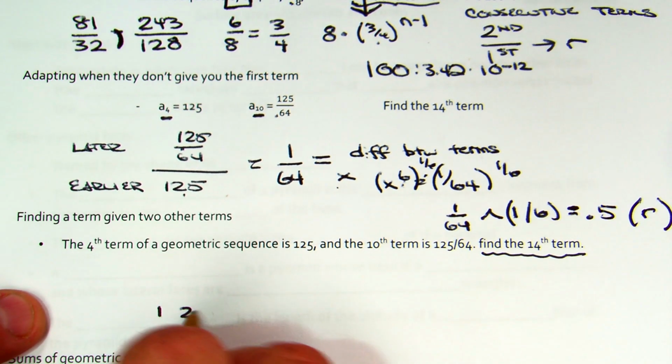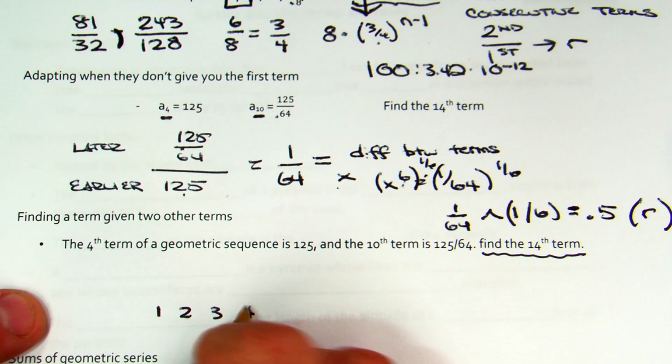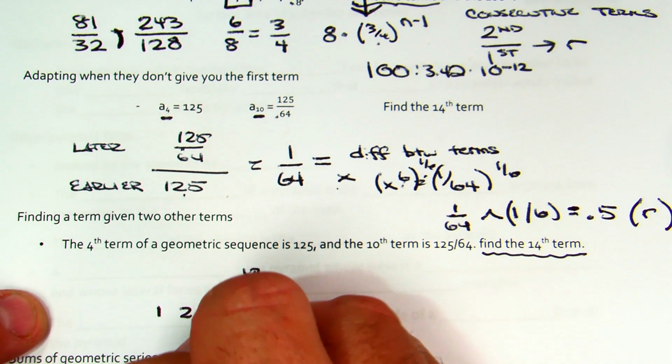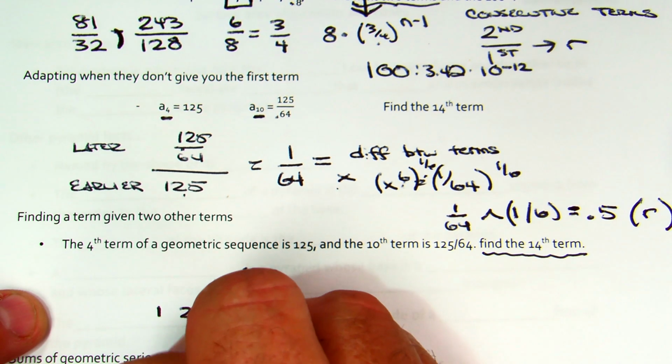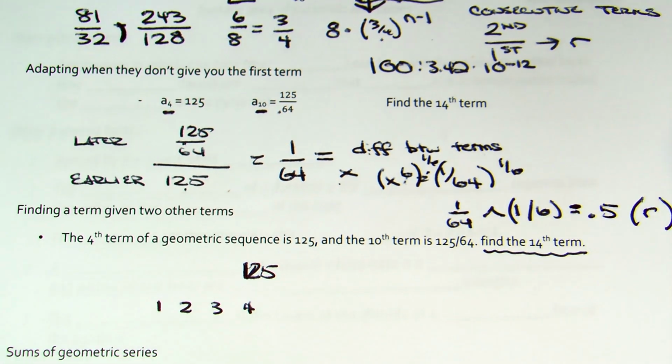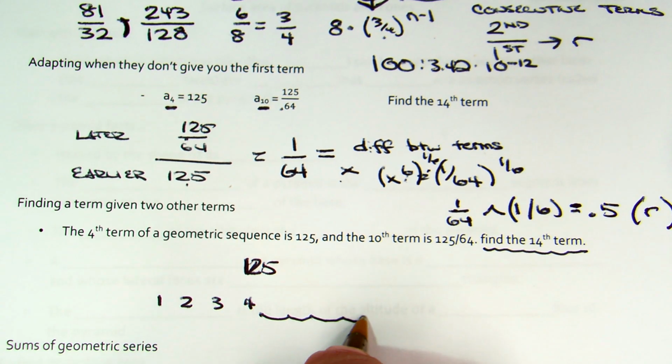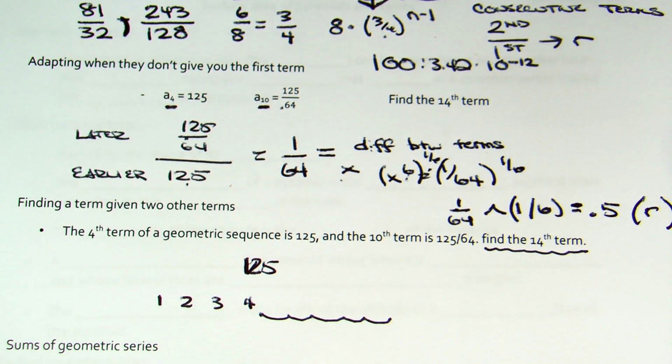1, 2, 3, 4 is 125. So we discussed yesterday with geometric sequences, we multiply by r, which would be 1/2 going that way.